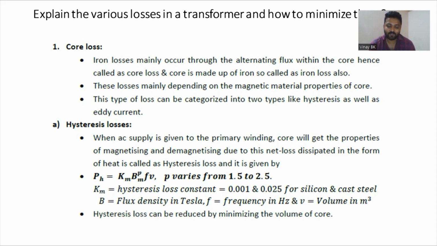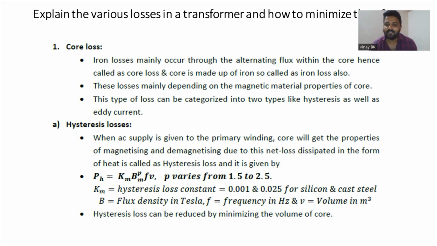The loss which is produced due to the hysteresis effect in the core is called hysteresis loss. Whenever supply is given to the primary winding, the core goes through magnetizing and demagnetizing.